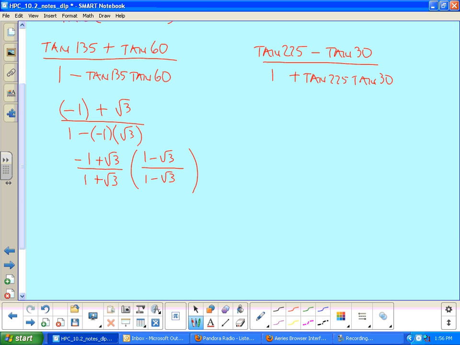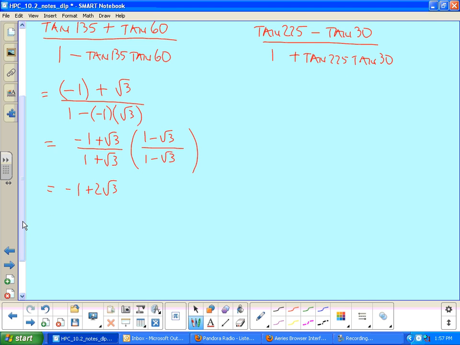So now I have a difference of 2 squares at the bottom. On the top, I'm going to have to FOIL all these out. So we get a negative 1, plus a root 3, plus another root 3, which is plus 2 root 3's. And then a square root of 3 times a negative square root of 3 is a negative 3. On the bottom, 1 minus 3.